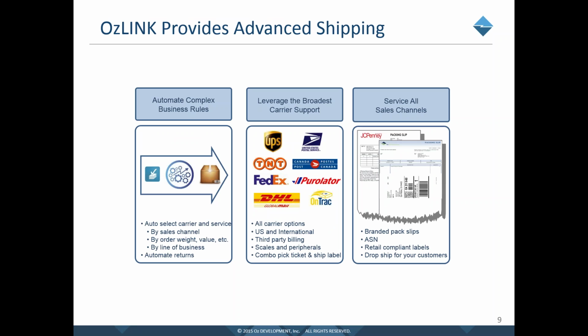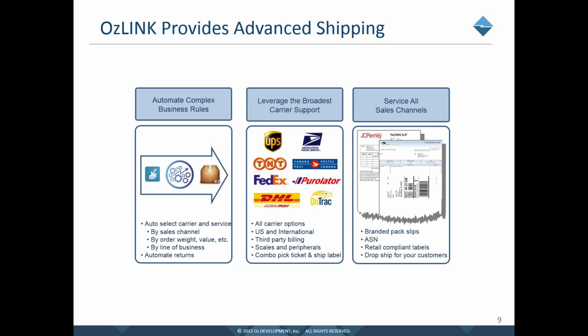So today, as Brian mentioned, we're going to focus on shipping integration with Acumatica. We do also have the ability, in other spaces such as e-commerce order integration and even the mobile world, to automate business rules.